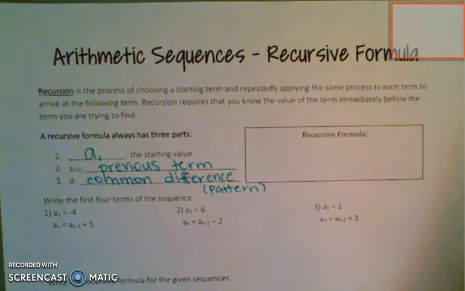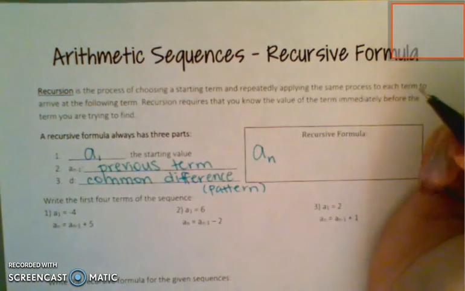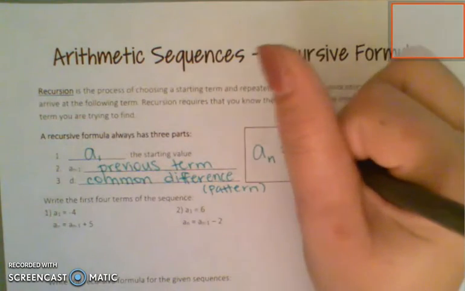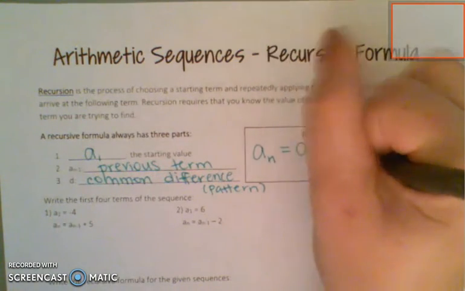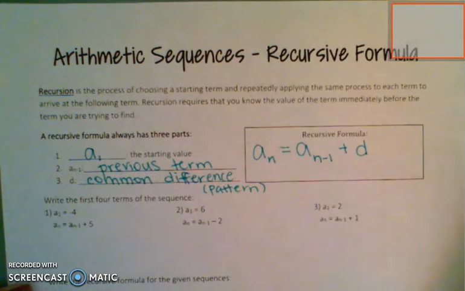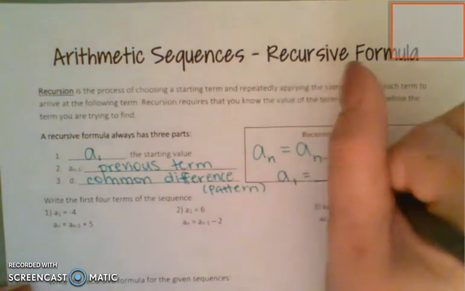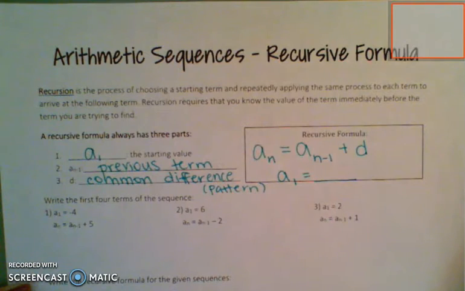Okay, the formula, again, you do not have to memorize it, is going to be A sub n equals A sub n minus 1 plus your difference. And you also have to have A sub 1 equals whatever number it is.